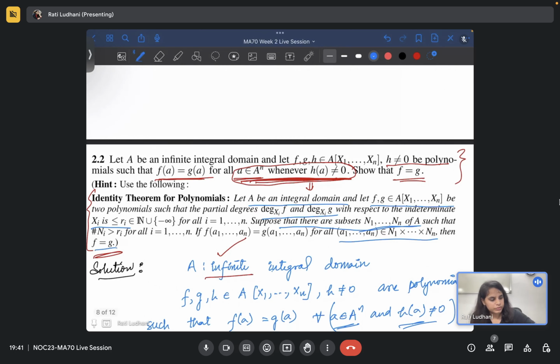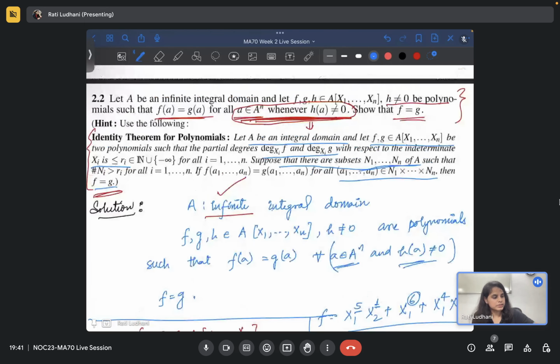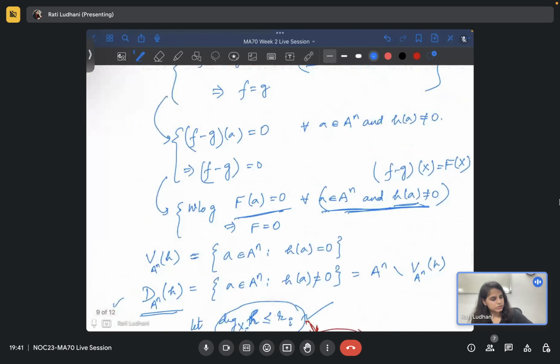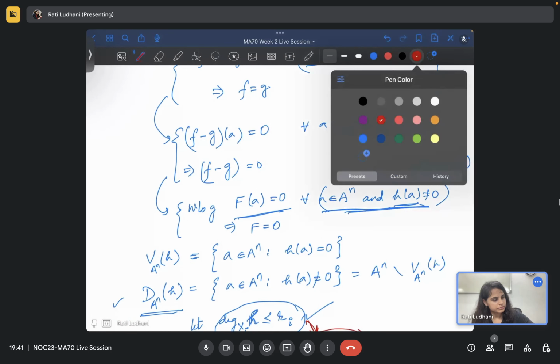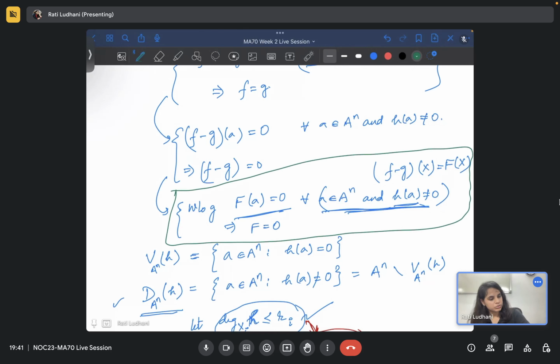So what does the question say? Question says, if you can prove this, this is the thing we want to prove. Without loss of generality, if f(a) is equal to 0 for all a at which h does not vanish, then f itself is 0.